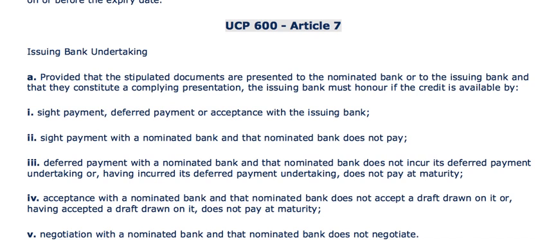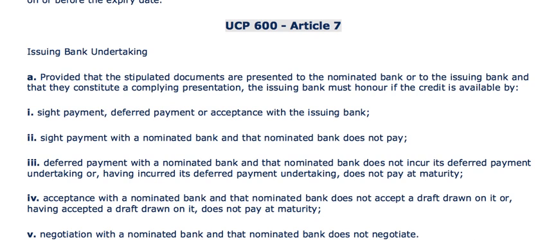Sight payment with a nominated bank, that nominated bank does not pay. Deferred payment with a nominated bank, and that nominated bank does not incur its deferred payment undertaking. So all these things are there, that if the commitment at one level is not complied with, issuing bank must honor, because issuing bank is the final paying authority.